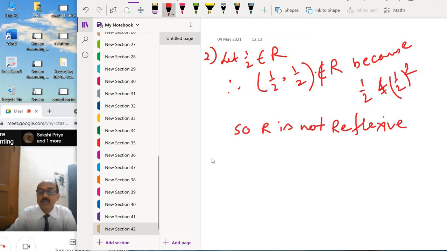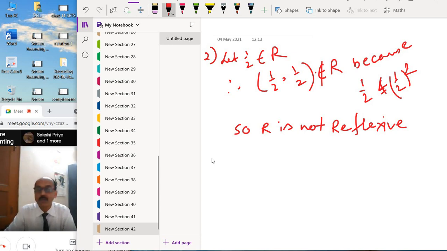Now, is it symmetric or not? Let one element, that is, let (2, 9) belong to R, because 2 is less than or equal to 9 square, that is, 2 less than or equal to 81, which is possible.